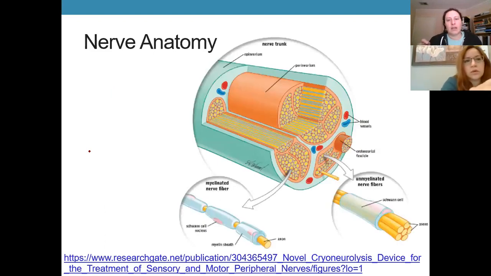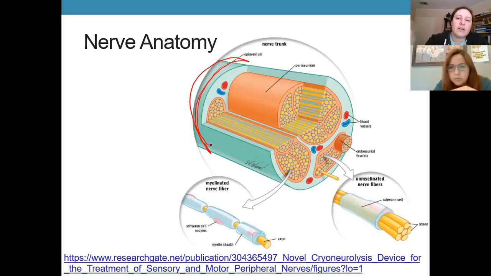So we can look at a diagram like this and see all of those things. So epineurium surrounding the entire nerve, and then we have these bundles or fascicles of axons. You can see blood vessels running in between them. And then some of them are unmyelinated.